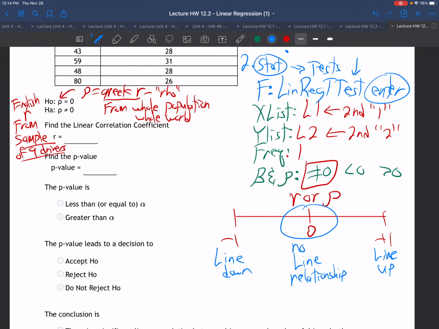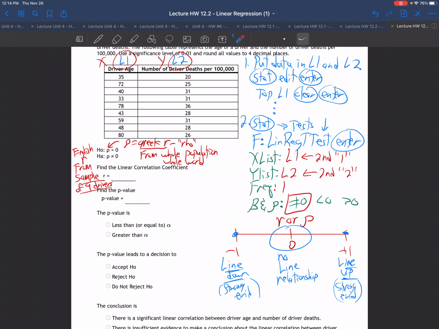Whereas line down or line up, either one of these cases on the ends are strong evidence. If R is close to -1 or +1, there's strong evidence that we have a linear relationship between driver age and number of deaths.